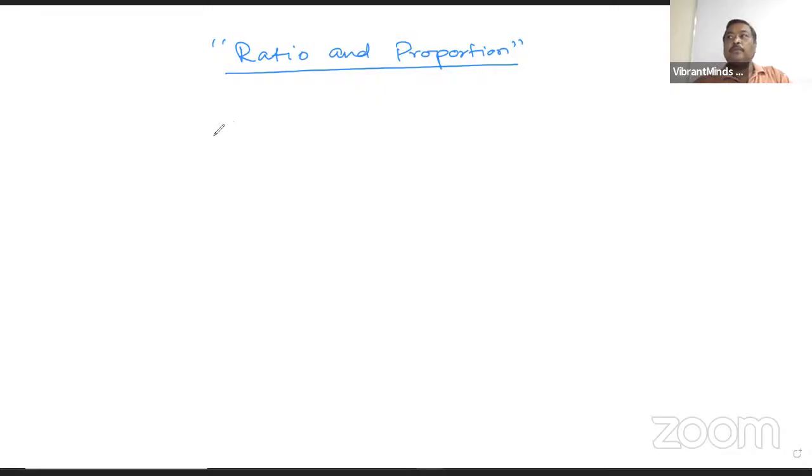Now, in ratio and proportion, suppose somebody says, what is ratio? What are you going to say?